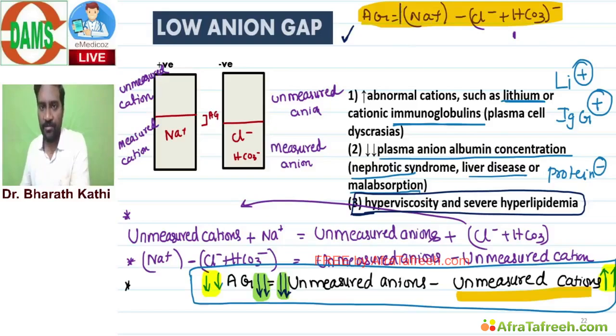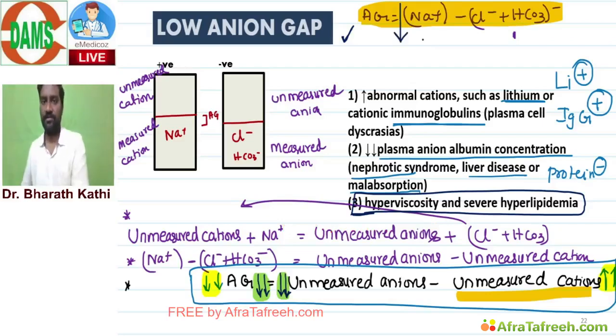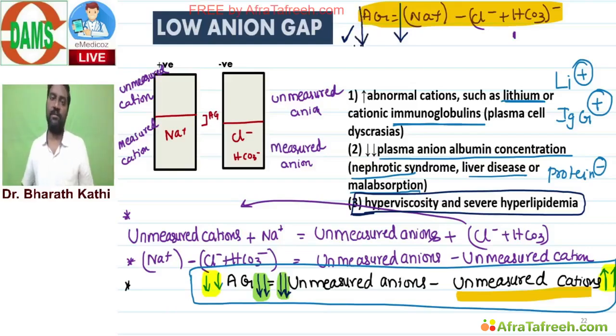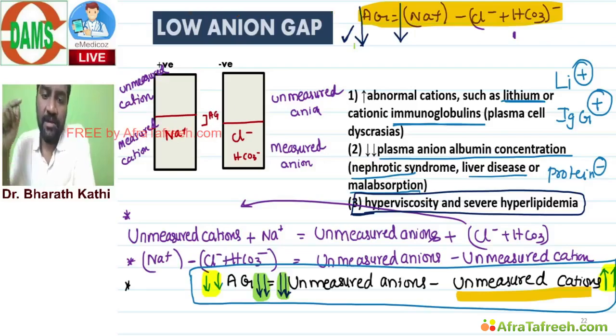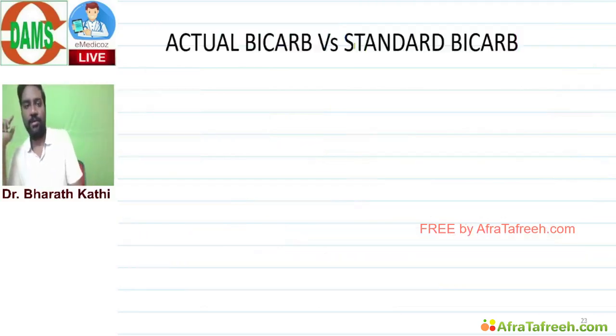In that, most affected will be sodium. Sodium value decreases, anion gap will also decrease. Three important reasons for low anion gap: increased unmeasured cations, decreased unmeasured anions, and underestimation of sodium, predominantly as in hyperviscosity and also severe hyperlipidemia.